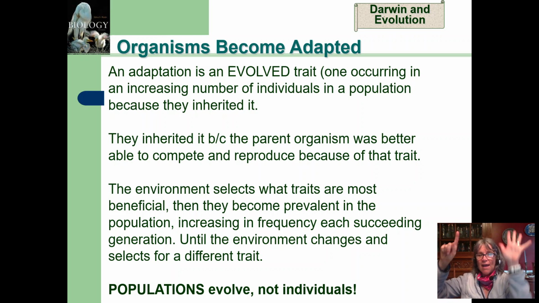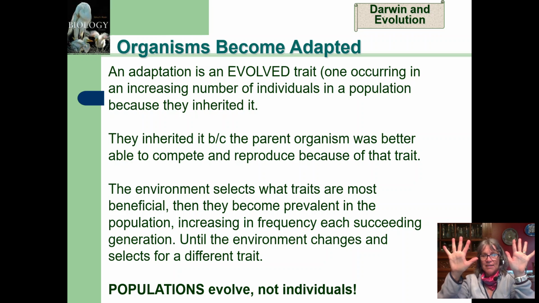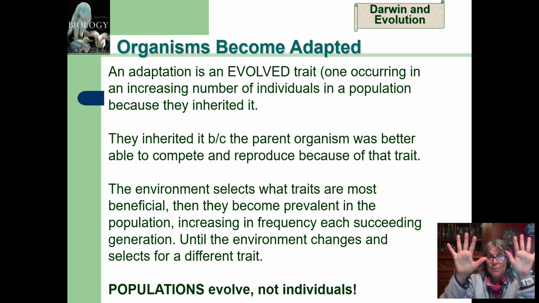So if 1 out of 10 organisms has it in one generation, but this one is better able to reproduce, then in the next generation, everybody here might have produced 2 offspring. So we now have 20, but this one produced 4. So we have 22, but 4 of them have this trait.